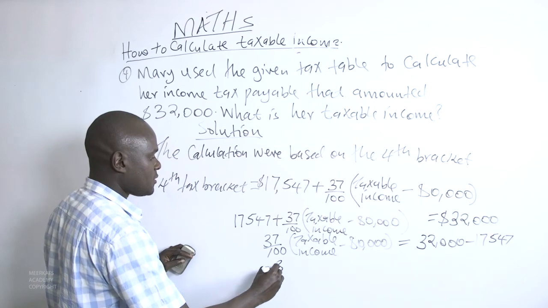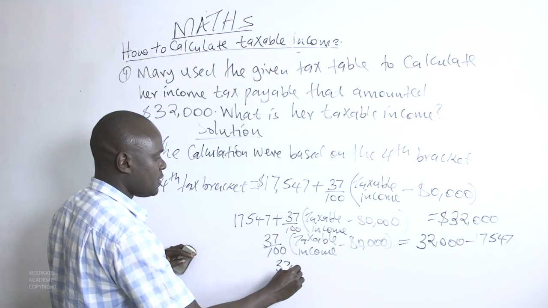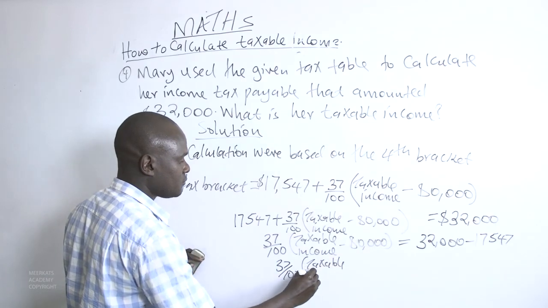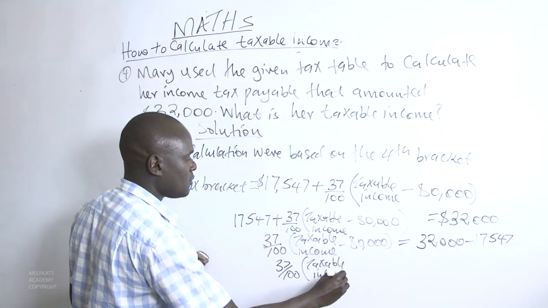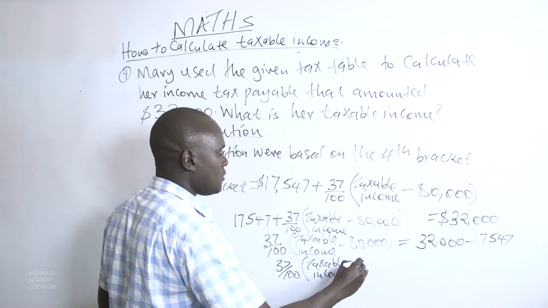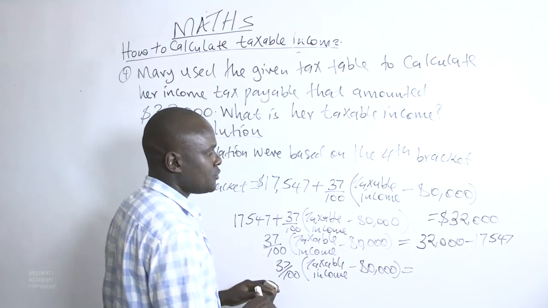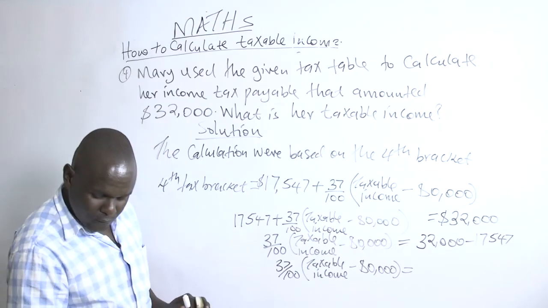And this will give us 37 out of 100 into our taxable income minus $80,000 should be equal to 14,453.